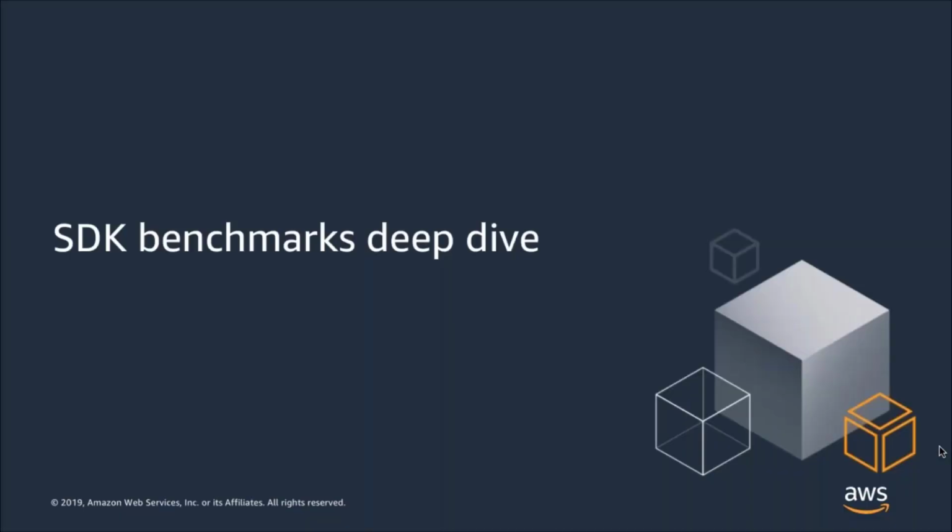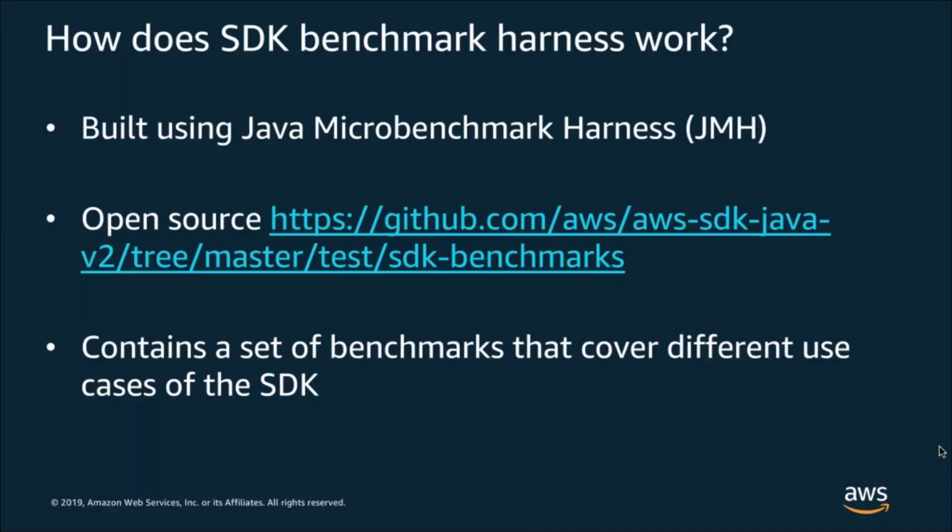We've seen the results and findings of the benchmarks. Let's deep dive on the benchmarks to see how it works. The SDK benchmark harness was built using the Java Microbenchmark Harness, or JMH. JMH is a toolkit provided by the OpenJDK project for performance measurement purposes.